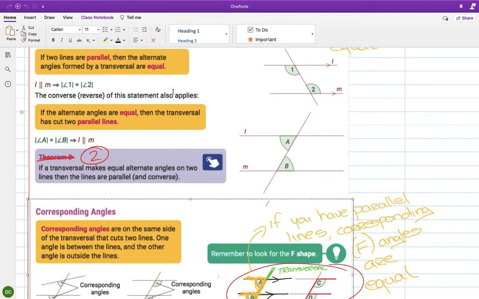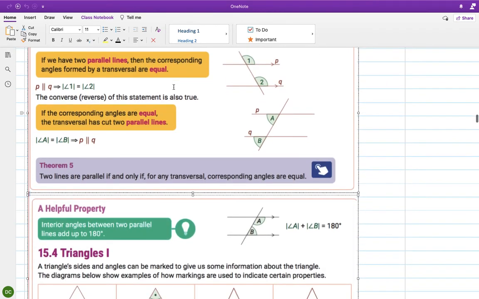So if two lines are parallel, then the alternate angles are equal, which is kind of the way I said it. And then this here is number 3. Two lines are parallel if and only if for any transversal corresponding angles are equal.